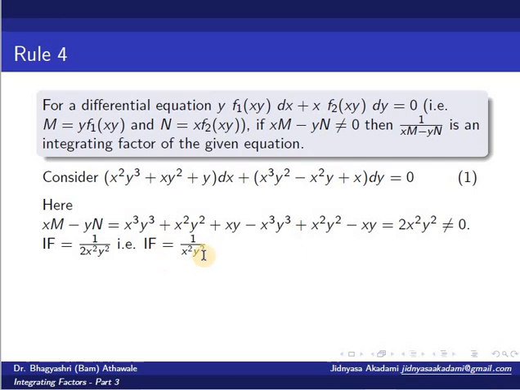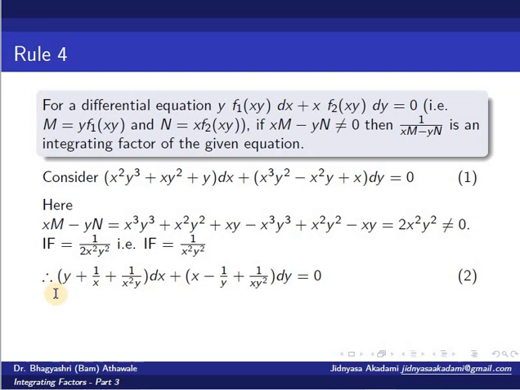Then multiplying this integrating factor to our given differential equation, our new differential equation becomes (y plus 1 by x plus 1 upon x square y) dx plus (x minus 1 by y plus 1 upon x square) dy equal to 0. Let us check whether it is exact or not.